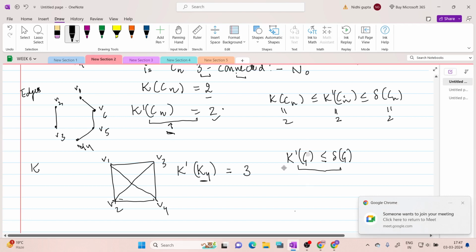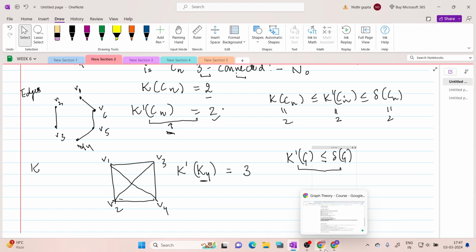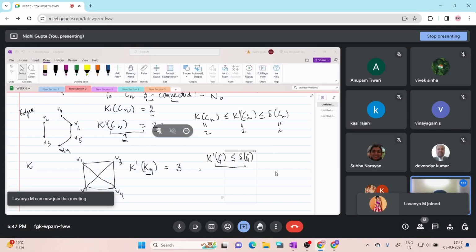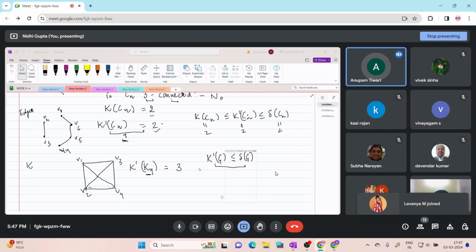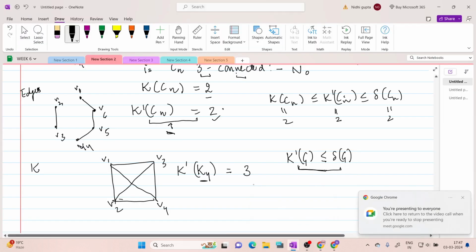This is the hint to find the edge cut. Any vertex, we can disconnect the three edges going outside. Yes, good.